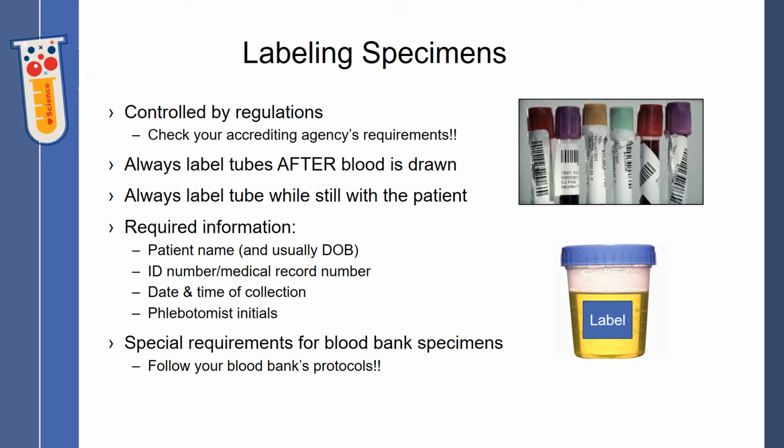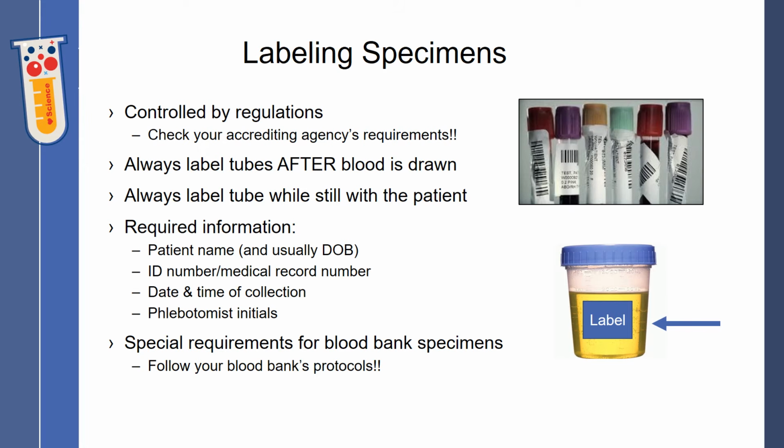The top image here is an example of how not to label tubes. Most of you probably know that those are not going to make it through your analyzer, especially if your analyzer has a line on it. And then for specimen cups, you should always label the cup.